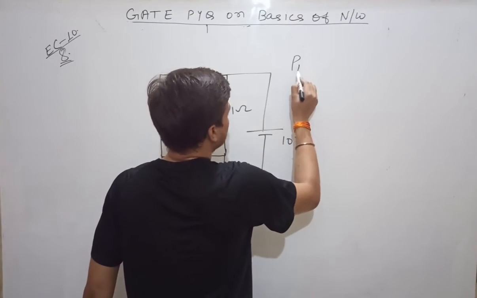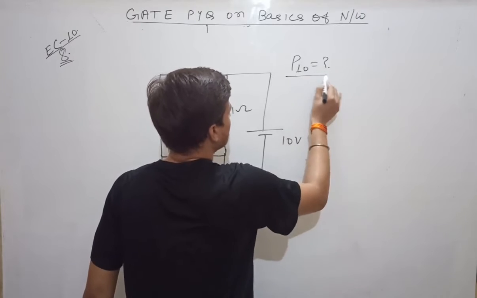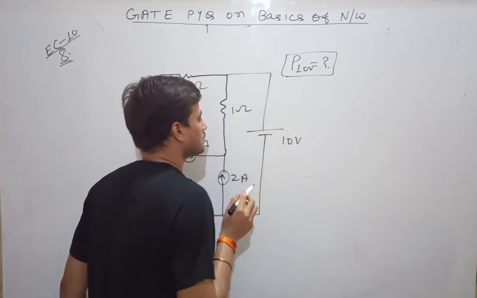Clear? They are asking you power supplied by voltage source. Power supplied by 10 volt source you have to find.